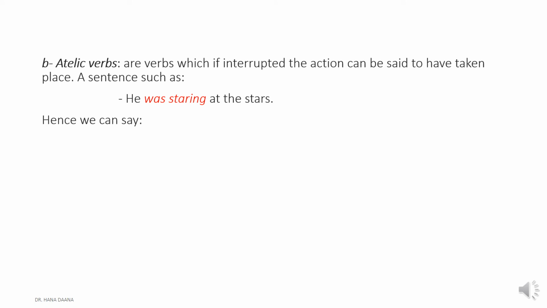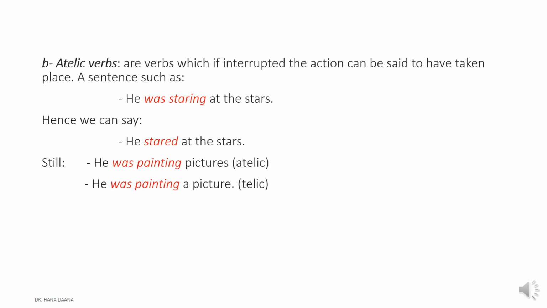Now, we need to bear in mind that even if verbs are either Telic or Atelic, if we use some particular elements or expressions with some verbs, the result may give a different aspect. As in, he was painting pictures and he was painting a picture.